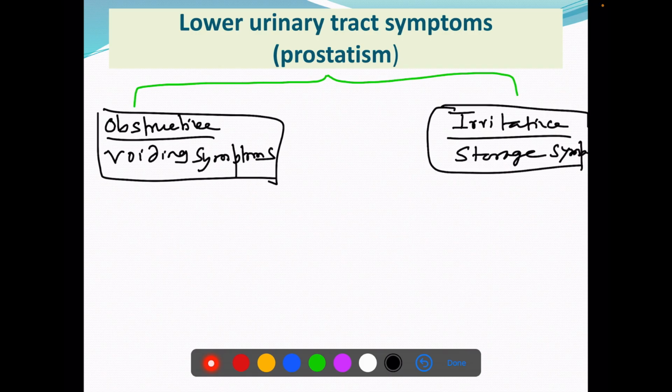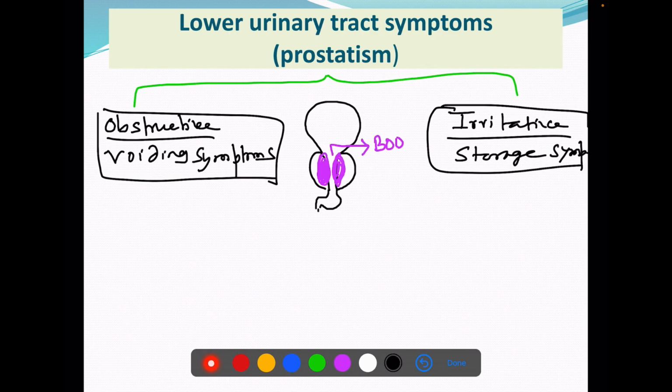Let me explain these symptoms in relation to BPH as we are studying BPH. But don't forget that these symptoms are not only produced by BPH but also by other diseases.